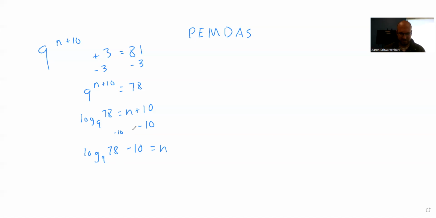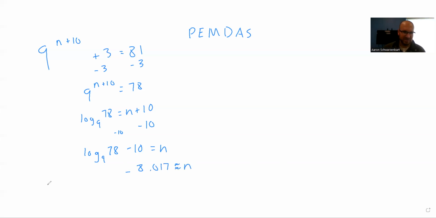If you have a calculator that does log base nicely, you can do that. Mine happens to. So log base 9 of 78, this is negative 8.017, approximately my value for n.